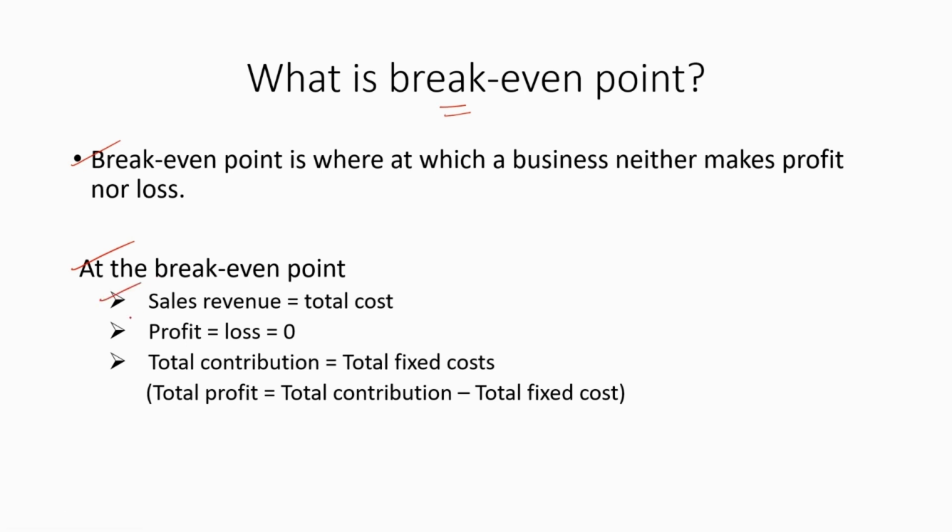Sales revenue is equal to total cost and the profit and loss is equal to zero. Total contribution is equal to total fixed costs. This is because total profit is equal to total contribution minus total fixed cost. Since at the break-even point, profit is zero, total contribution will be equal to total fixed costs.